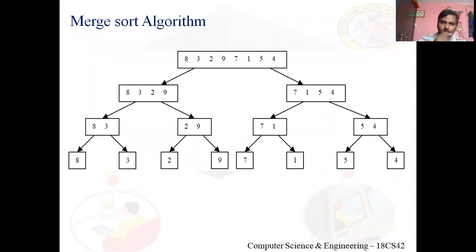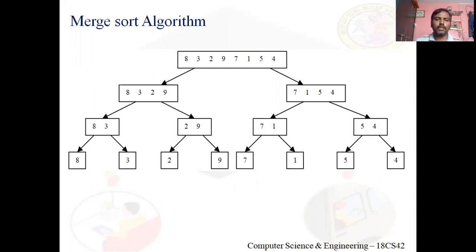See here, at the first node, the initial array, low was 0, I was 7. So mid, low plus I, 0 plus 7 by 2 is 3. So where should I divide? At index 3.